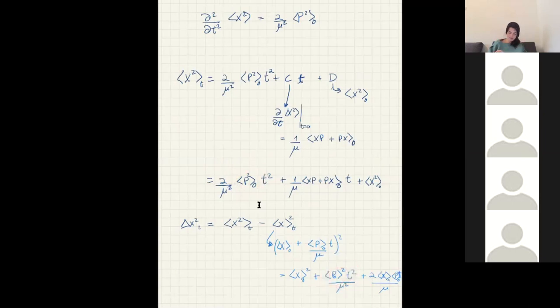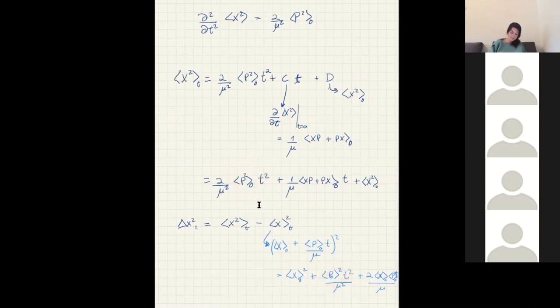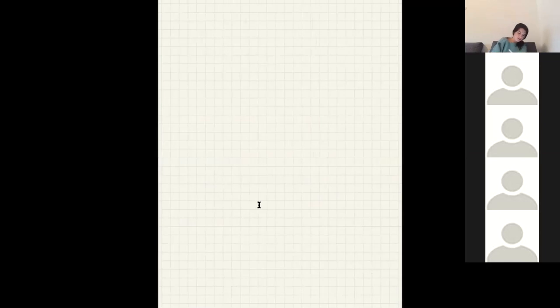So what you get is just the variance. Anyway, in the end, what you get is delta square of x at some time t, in all its glory, it's going to be delta p square, this is the time 0 one, over mu square, plus.